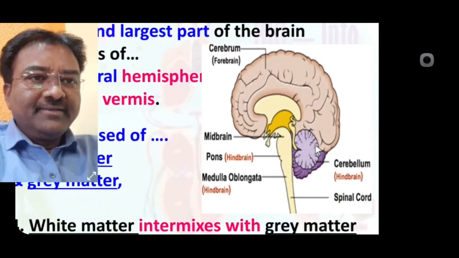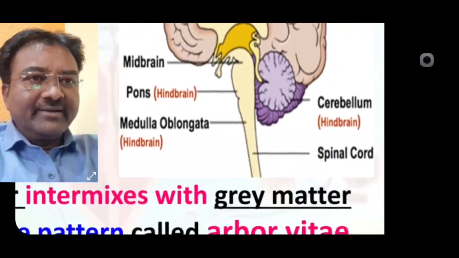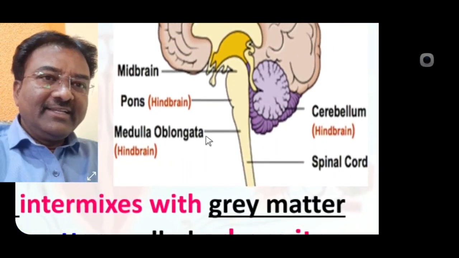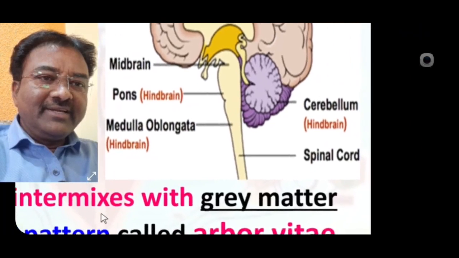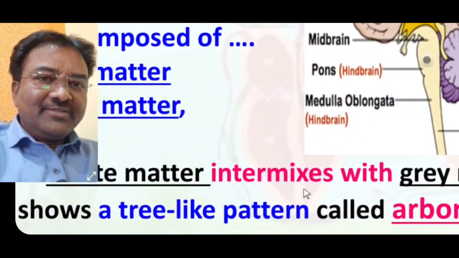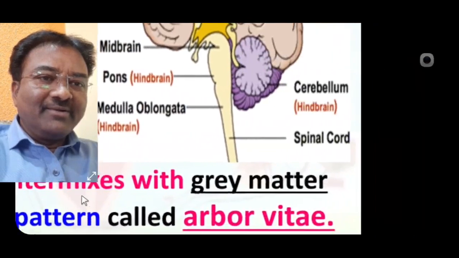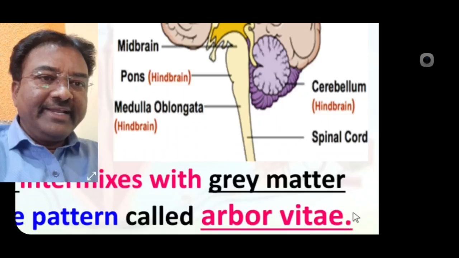Seen here, tree-like pattern seen. This part shows a tree-like pattern because white matter intermixes with grey matter, called arborvitae.